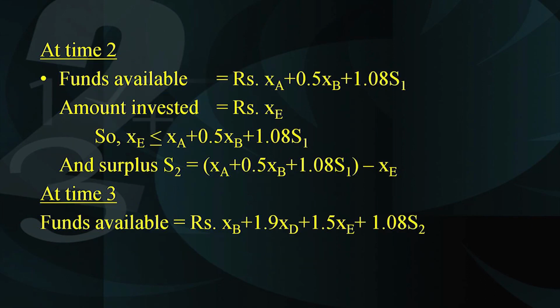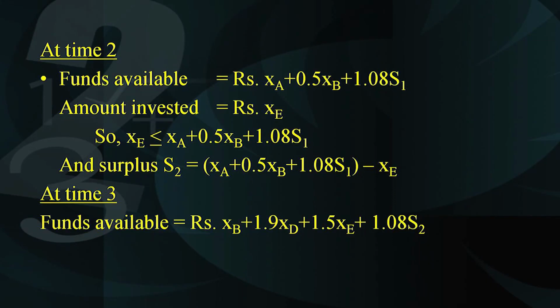Now, let us come to the level 2. In the level 2, the funds available are rupees xA plus 0.5 xB and so on, and the amount invested is xE.